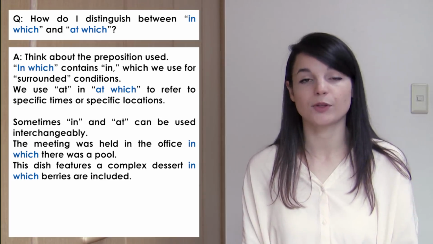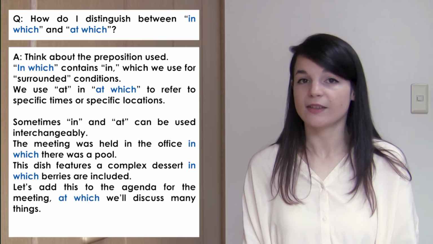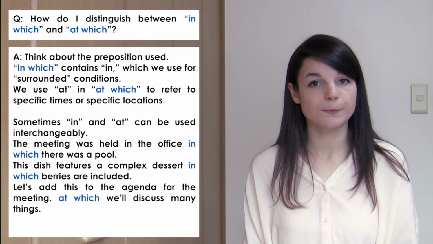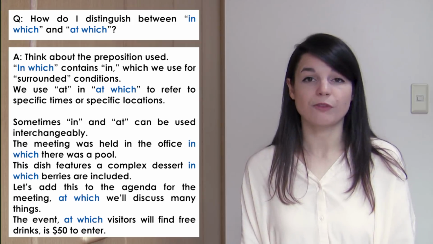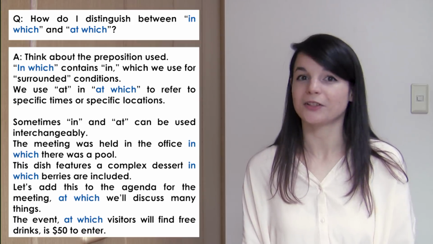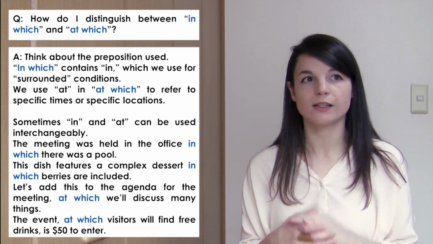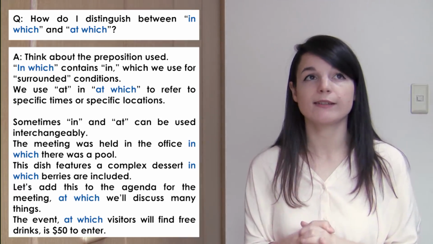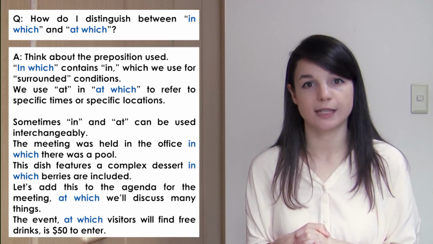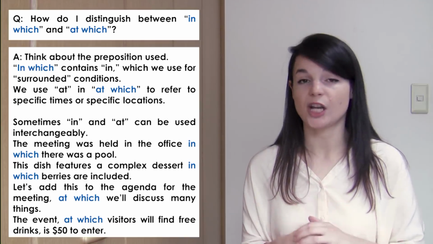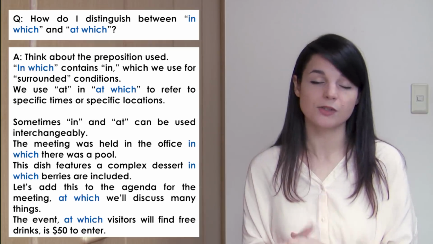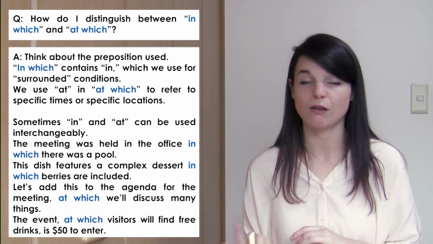Let's look at some examples using at which now. Let's add this to the agenda for the meeting, at which we'll discuss many different things. The event at which visitors will find free drinks is $50 to enter. So in these cases, I'm referring to a specific location or a specific event. If, for example, you changed the first example sentence, let's add this to the agenda for the meeting in which we'll discuss many different things, that's a situation where we could use either in or at.